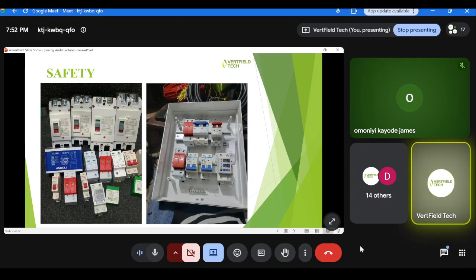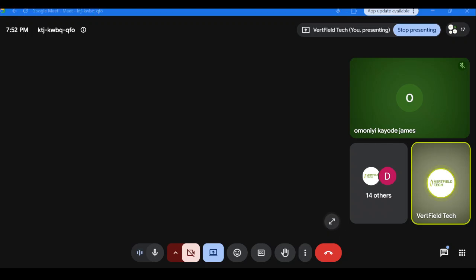So these are the safety tools and gadgets that we've been talking about. You have your MCBs, MCCBs, those are your breakers, right? You have your fuse, you have your surge protector, you have the changeover there, the automatic changeover. You also have your PV box, your combiner box.